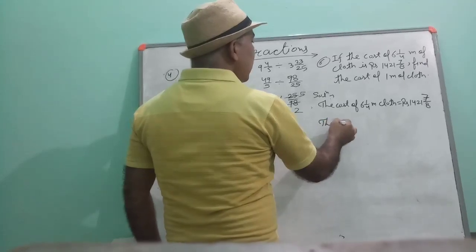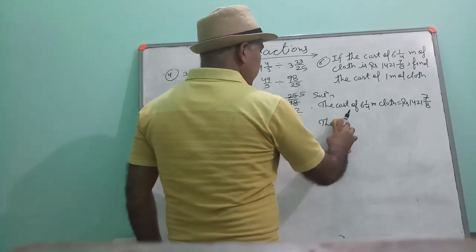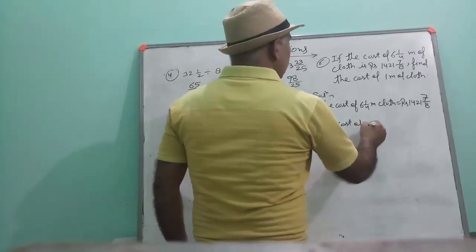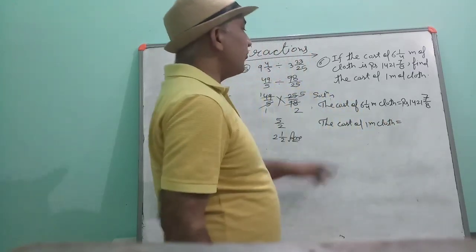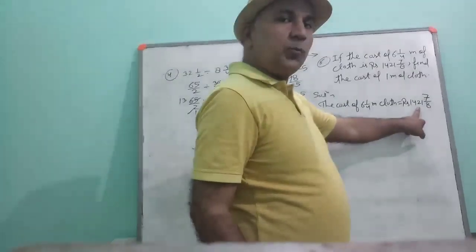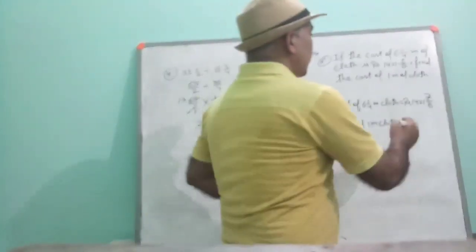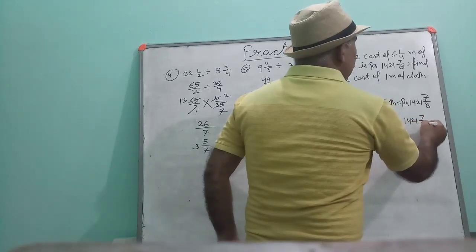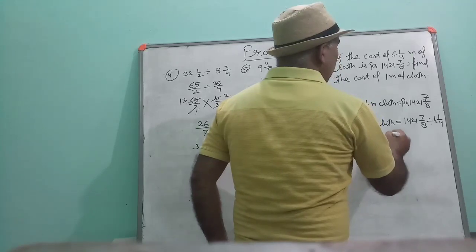So the cost of 1 meter will be less than this, so this rupees will be divided by 6 into 1 by 4. This 1421 into 7 by 8 is divided by 6 into 1 by 4.